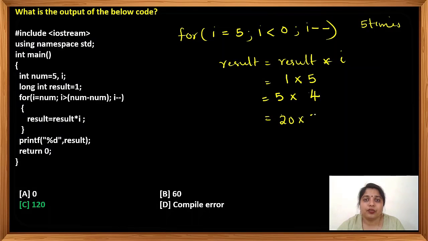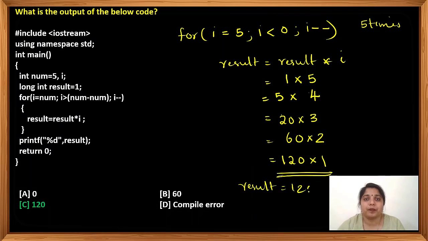Third time, 20 into 3 is 60. Fourth time, 60 into 2 is 120. Fifth time, it is 120 into 1, so result is equal to 120. Only 5 times the loop executes. So answer is option C, 120.